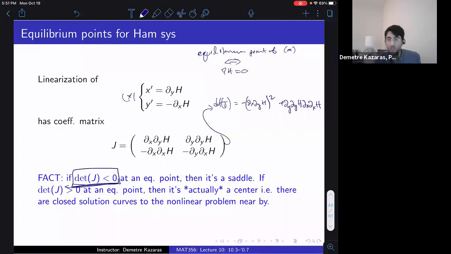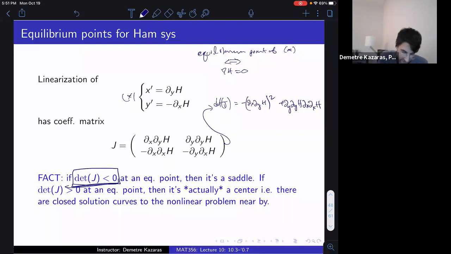If you recall from vector calculus, there are criteria for how to classify critical points using the Hessian, which is the object that we have here.